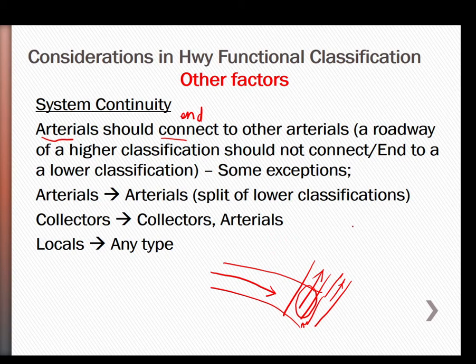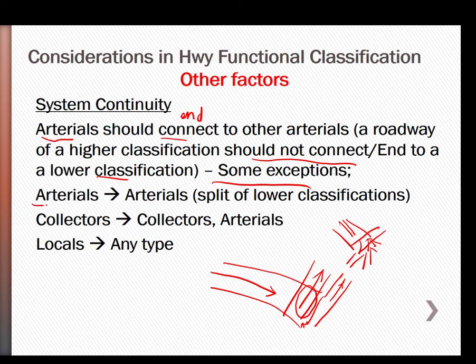It might throw its traffic, and this happens sometimes, to 2 collectors or 3 collectors, dividing the traffic into smaller ones. So sometimes the design forces you to do something else, but usually when you have a freeway or a main arterial, it has to end up in another arterial. It should not end at a lower classification, though there are definitely exceptions in different cities.